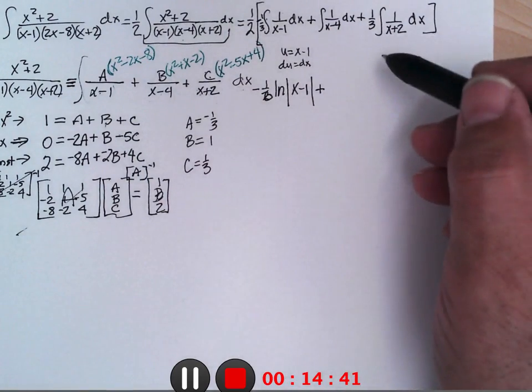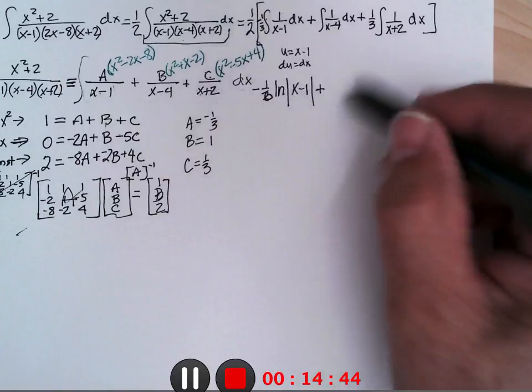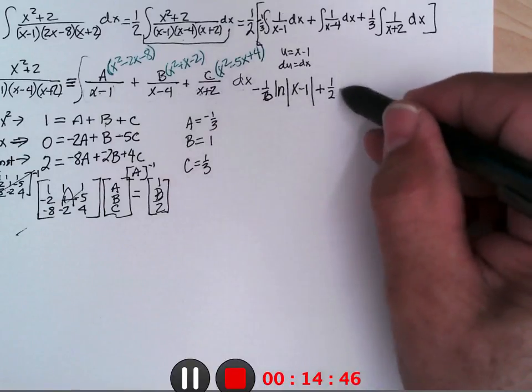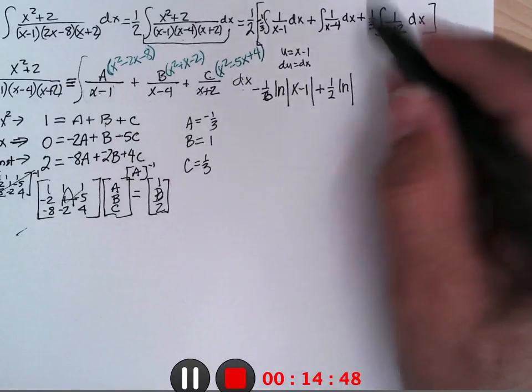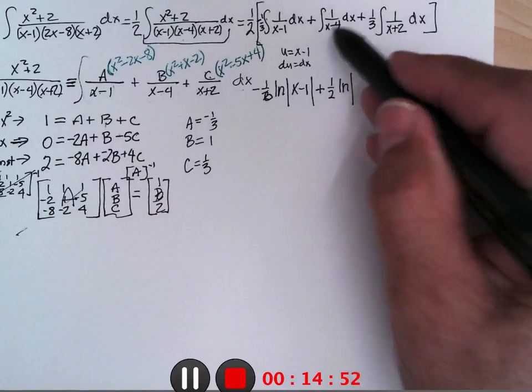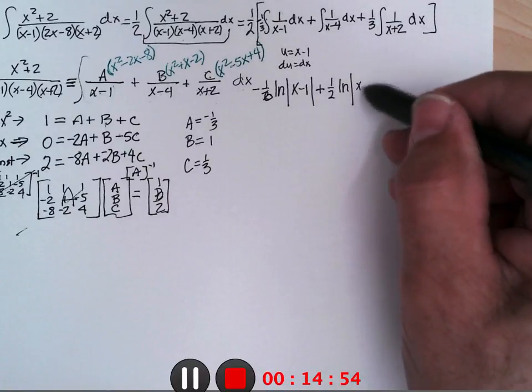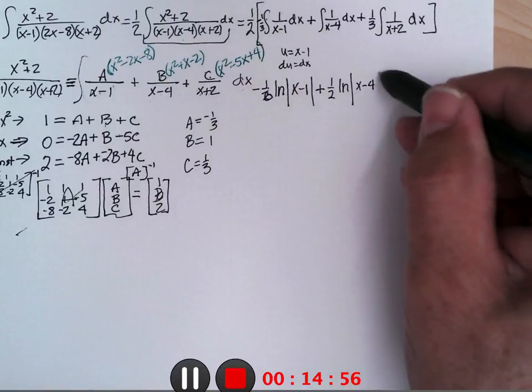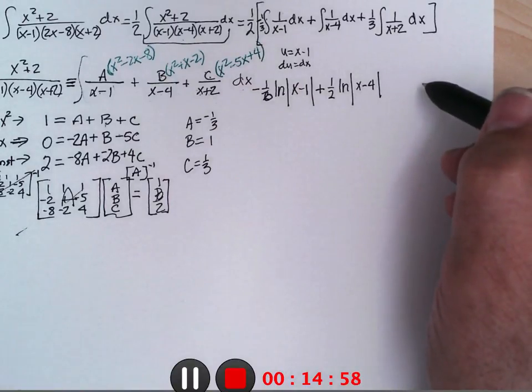Plus 1/2 times this, so I got 1/2 times ln of, if I let u be that, then du equals dx, so I get 1 over u, which is ln of x minus 4.